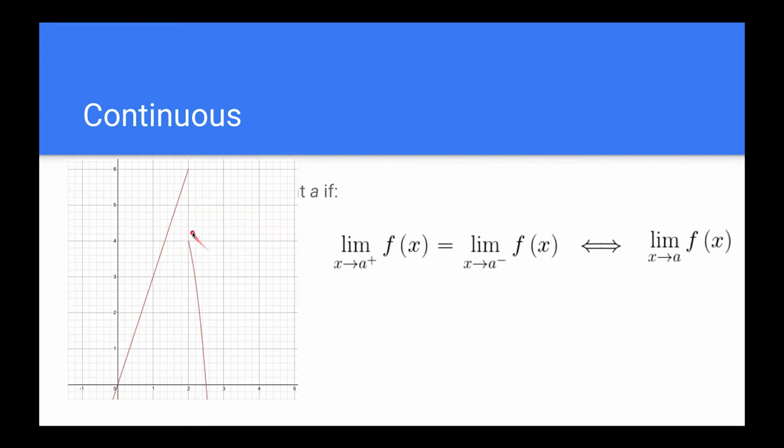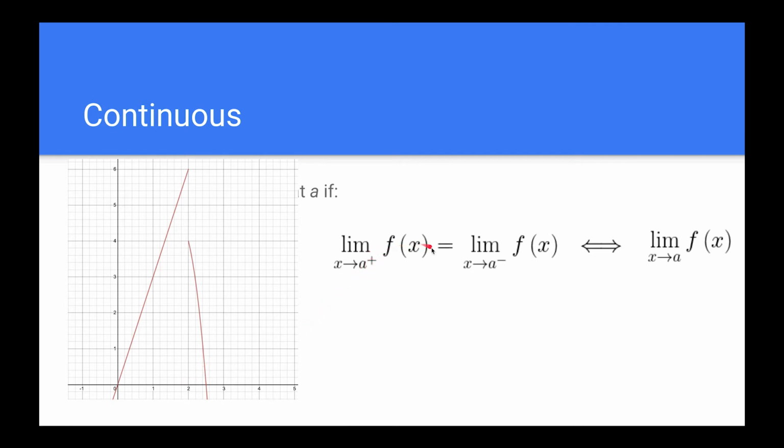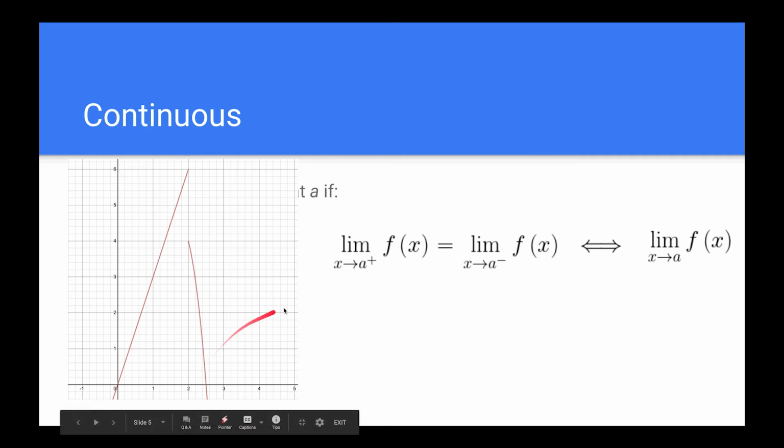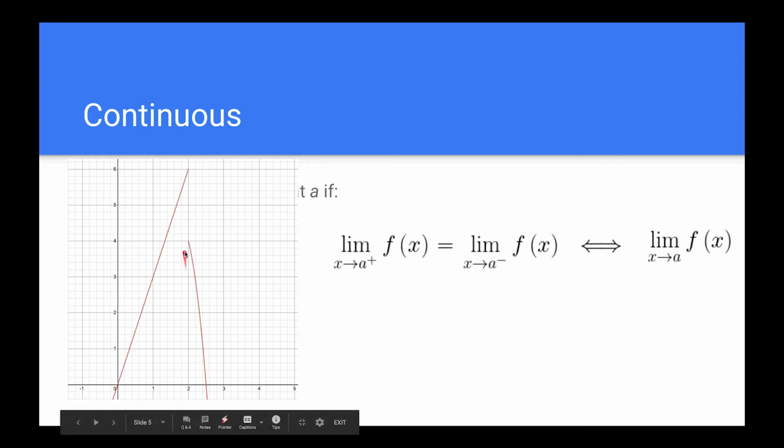So in this function, the limit as x approaches 2 from the right of f of x means the limit as x gets really close to 2 from the right-hand side, because from the left-hand side it's different, and that's what the minus sign is. The limit from the right-hand side is 4, because it gets really close to 4 as x approaches 2.